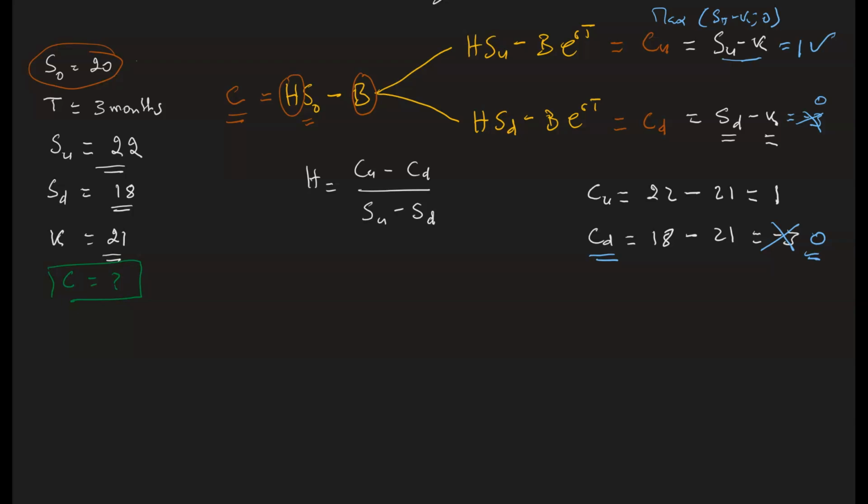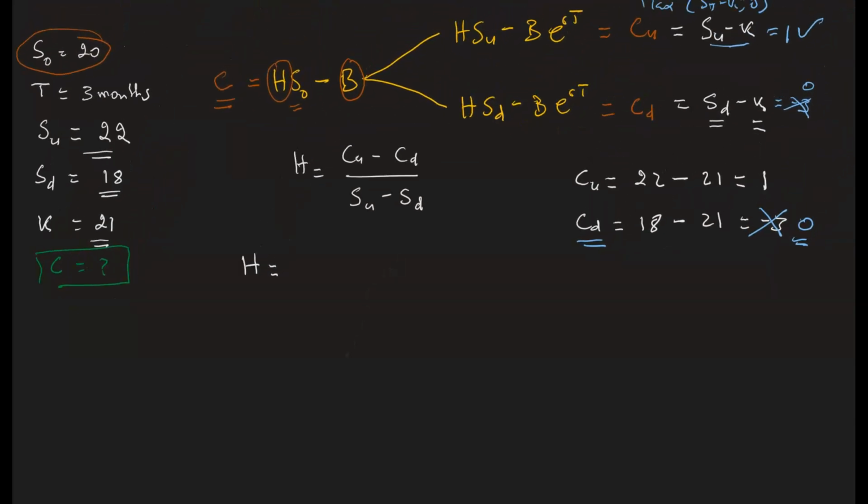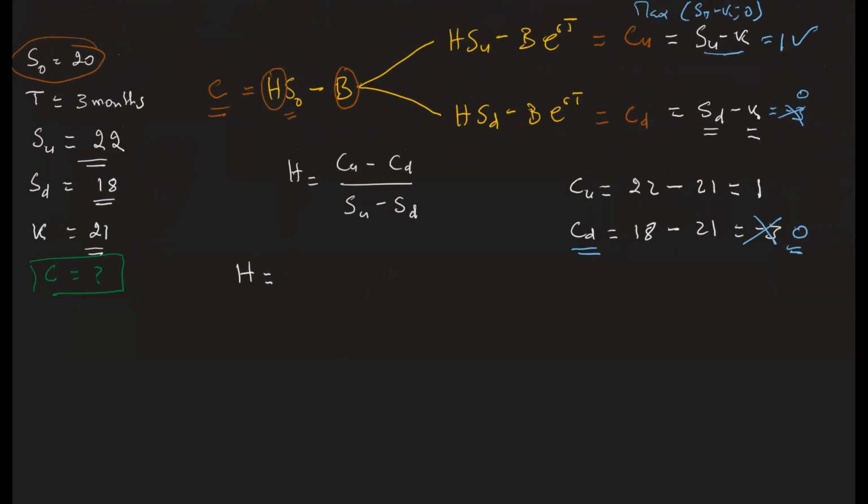What is our H then? It is going to be equal to call up, which is 1, minus call down, which is 0, divided by stock up, which is 22, minus stock down, which is 18.